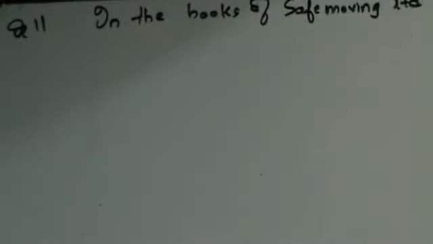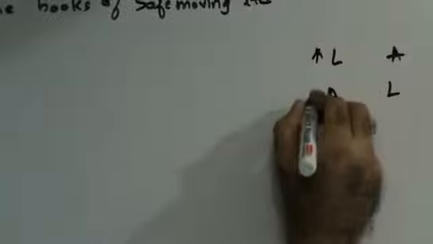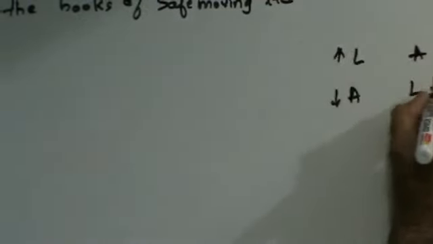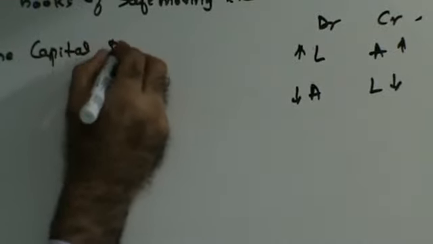Okay, first let's do this much. Let's write the rule down. LAAL. Increase, decrease, increase, decrease. This is debit, this is credit. Now, preference shares to be reduced to 8 rupees. Liability going down, capital reduction on the credit side. So 6% preference share capital account debit to capital reduction.